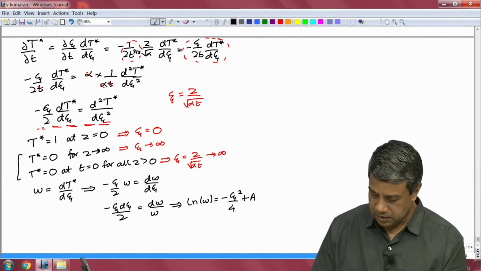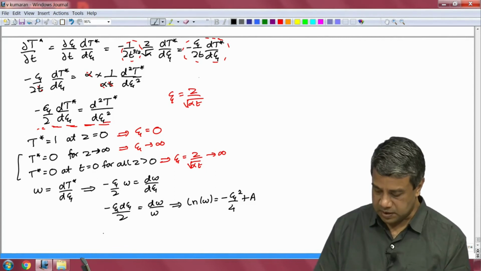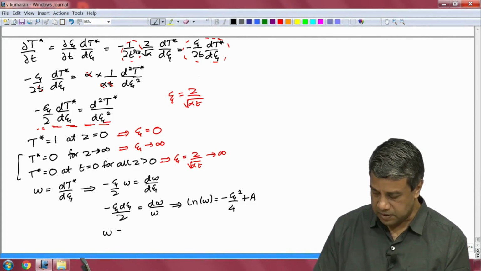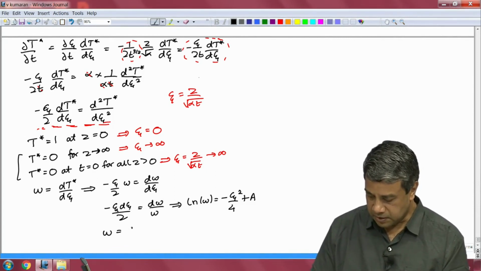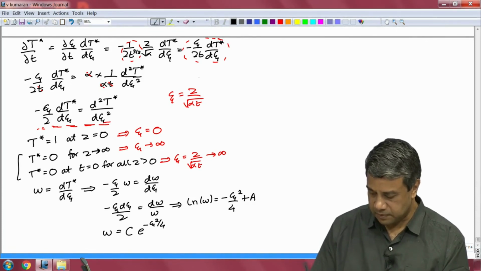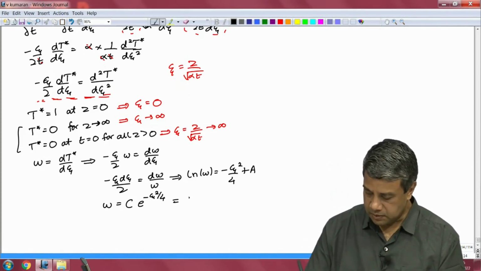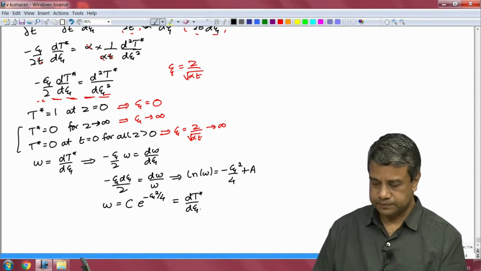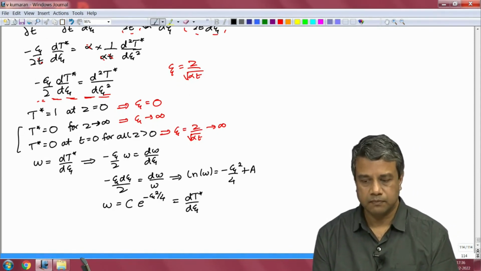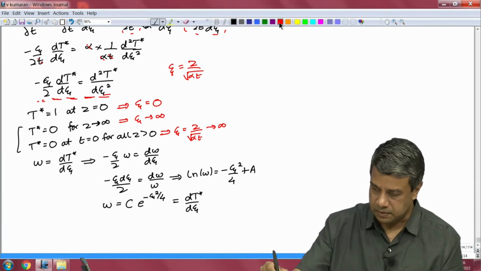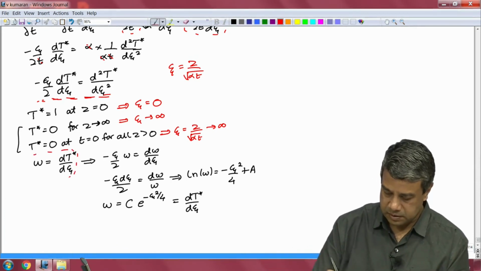And if I exponentiate on both sides, I will get that w is equal to some constant C times e power minus psi square by 4. And this is equal to dT by d psi. Note that w is equal to dT by d psi.